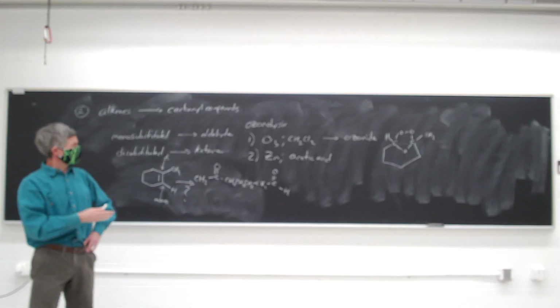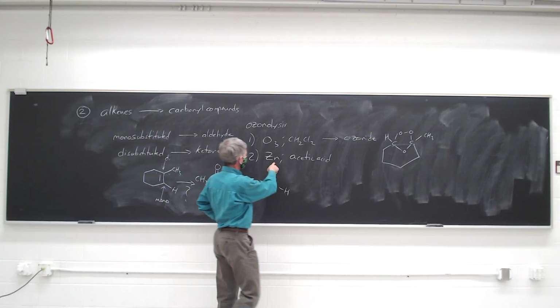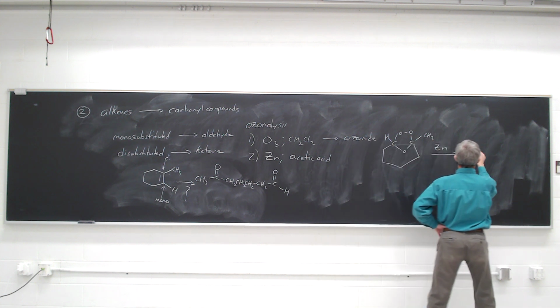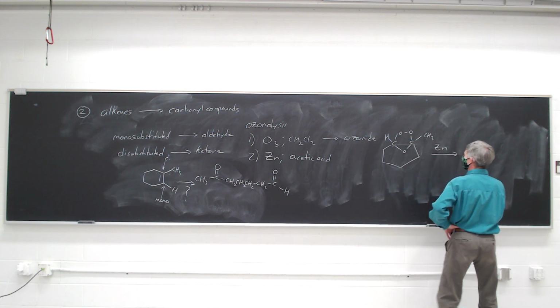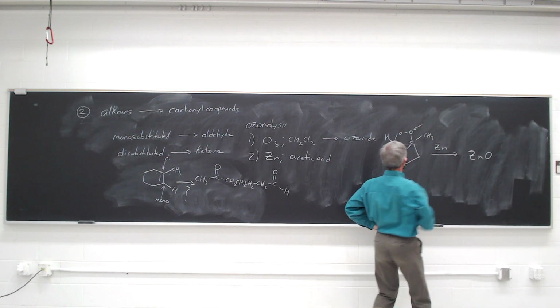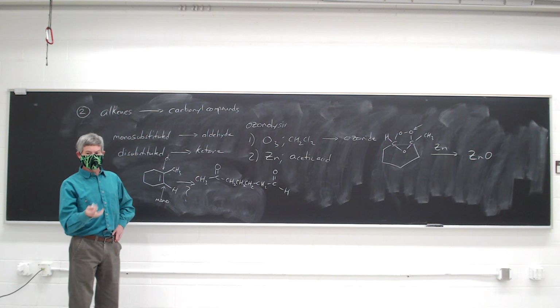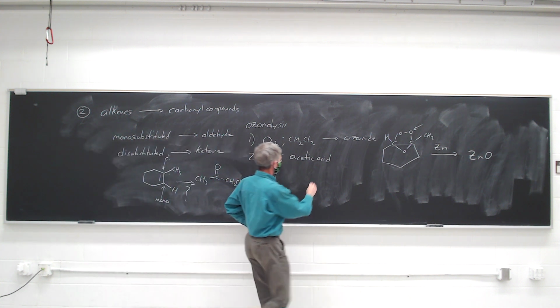So zinc and acetic acid, and then the other product will be zinc oxide. The zinc basically takes one of those oxygens out. These are mildly reducing.